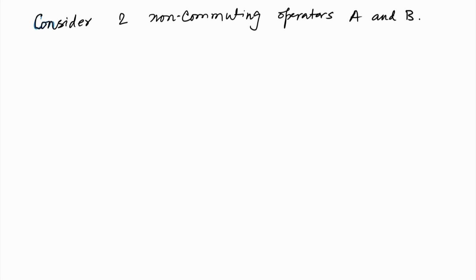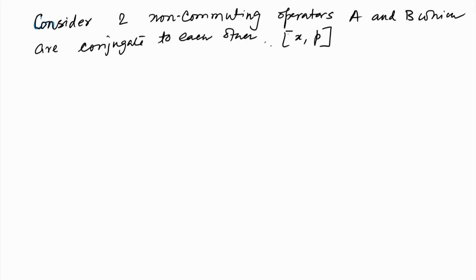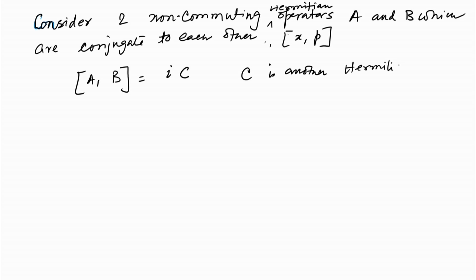A and B, which are conjugate to each other, such that X and P commute. So let us write this commutator as iC, where C is another Hermitian operator, just like our P and X are.